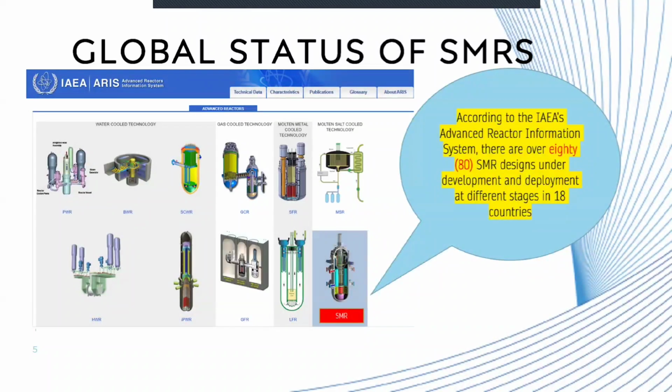My colleague will give us a little information about some of them, but here what I want to focus on is that there are a whole lot of reactors that are being developed at different stages, which are considered as small modular reactors. Next, please.